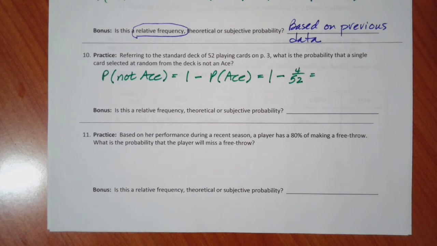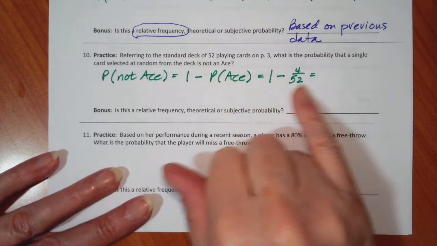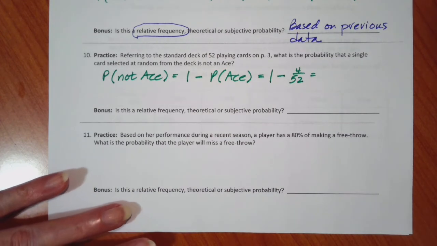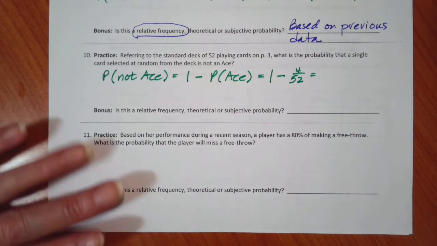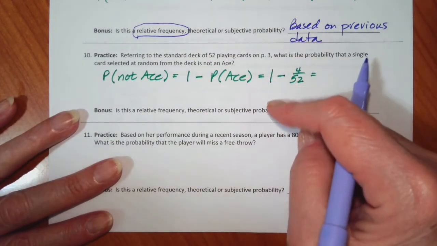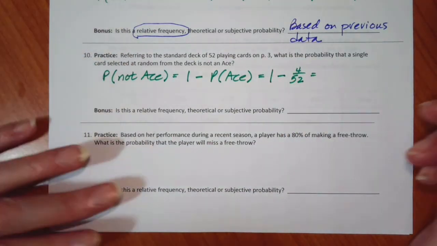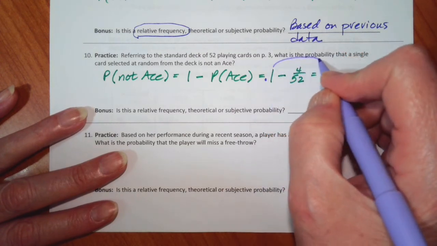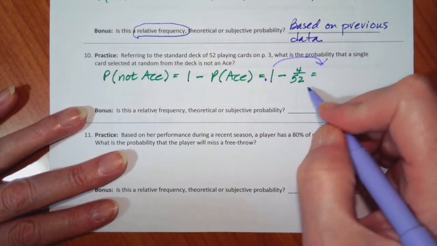So let's remember here how to deal with fractions. We cannot add or subtract fractions unless we have a common denominator. So what I'm going to have to do is take a 1 and turn it into an equivalent fraction, which we've been doing before. I know 1 can be written as anything divided by itself.